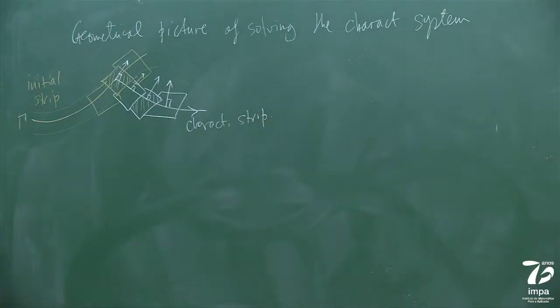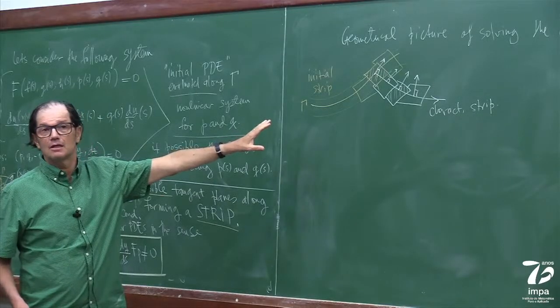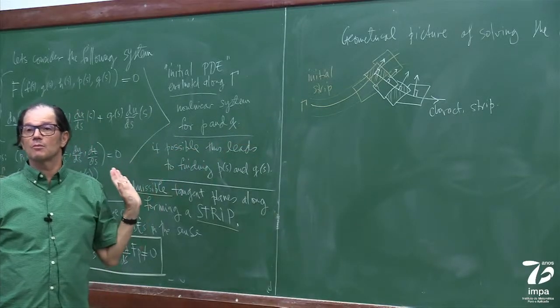This is our characteristic strip. I don't think I have to write much more to get this, it's very easy. So this is a little picture that tells exactly what the Cauchy problem is about.